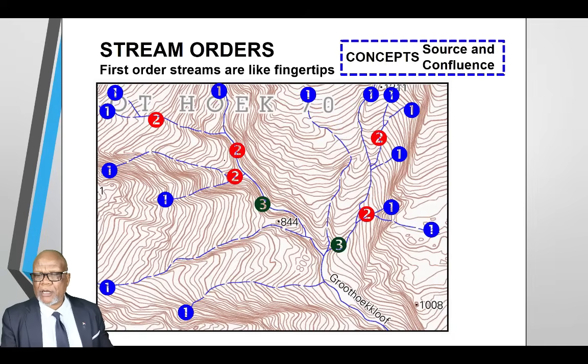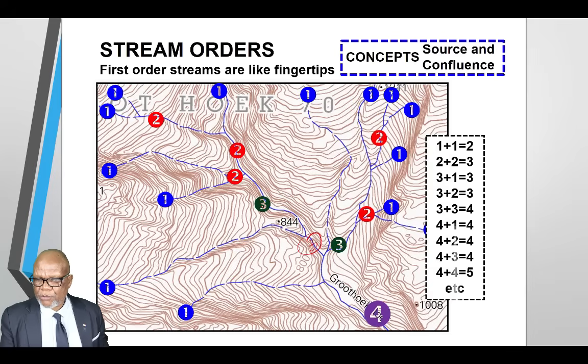If stream order 1 joins with stream order 3, it is going to remain stream order 3. The order is not going to change. Only if stream order 3 and stream order 3 join will it move to stream order 4.